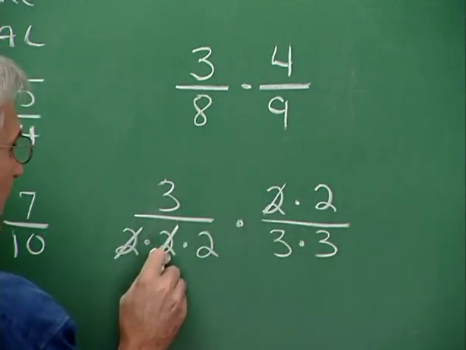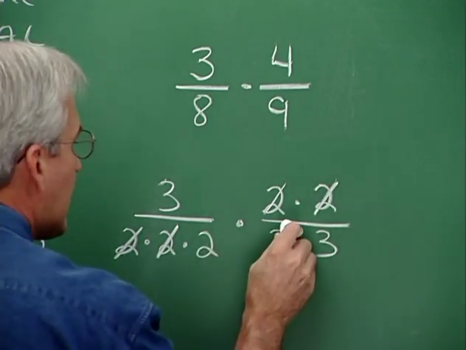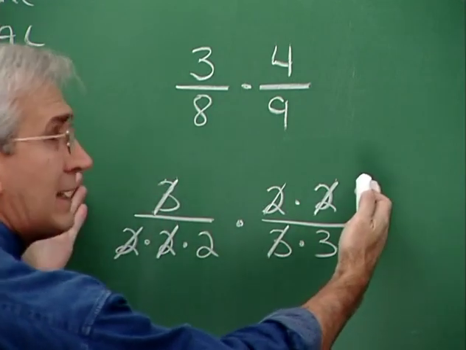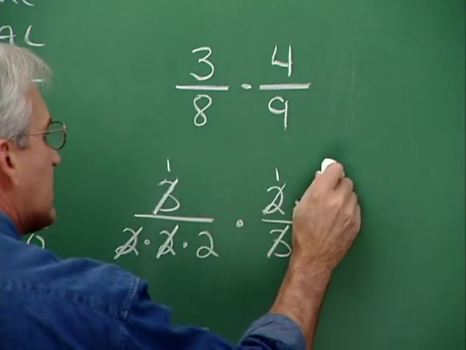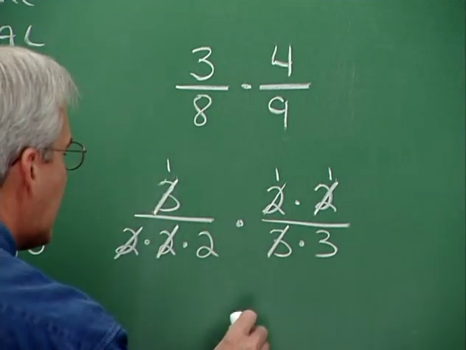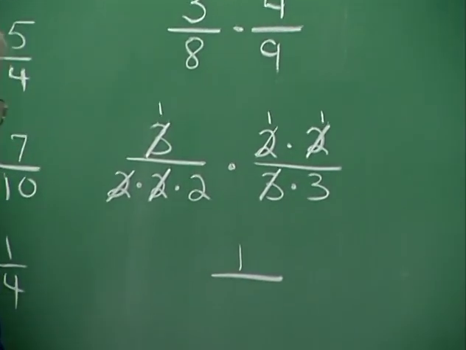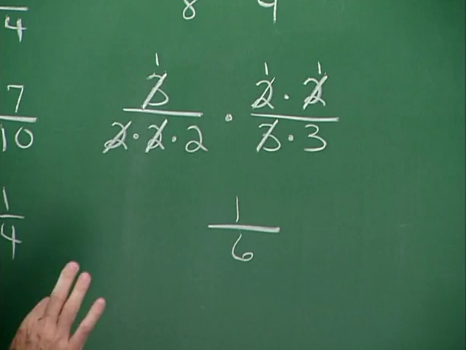And this 2 will cancel with that 2. And this 3 will cancel with that 3. And now all of the factors have been canceled in all of these numerators. What's really left, though, is 1's in their place. It's like 1 times 1 times 1 up here. Everything cancels, so we're left with 1 in the numerators, and in the denominator we have 2 times 3, 6, 1/6 as expected.